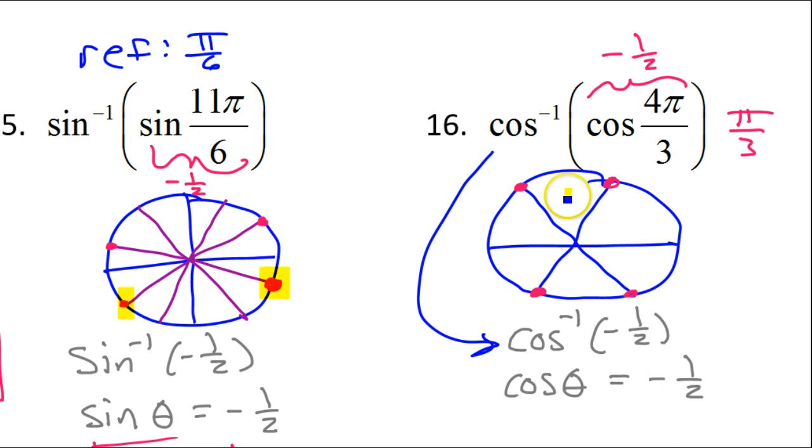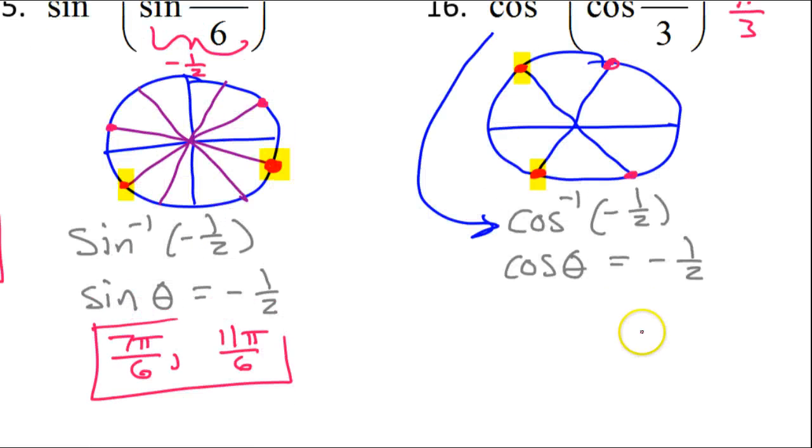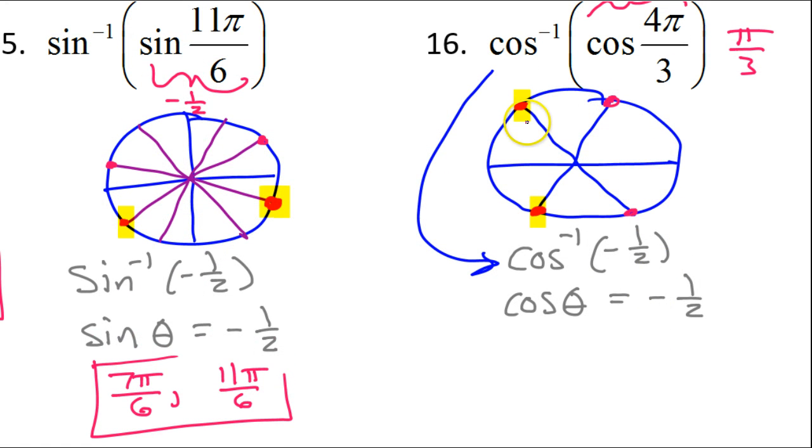So the 2 that are negative will be here and here, because cosine is negative to the left of the y-axis. So these 2 will be my final answers. So that is going to be 2 pi over 3 and 4 pi over 3, which we knew from the beginning.